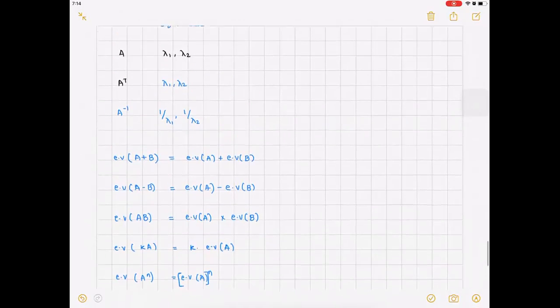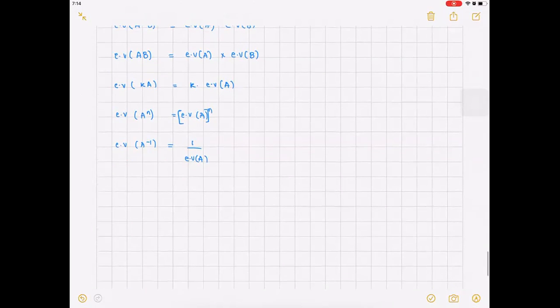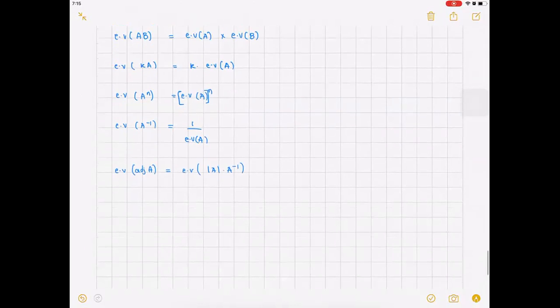So you know eigenvalue of A inverse, I already said, right? Eigenvalue of A inverse is equal to 1 by eigenvalue of A. And one more important property, eigenvalue of adjoint of A is nothing but eigenvalue of determinant of A into A inverse.